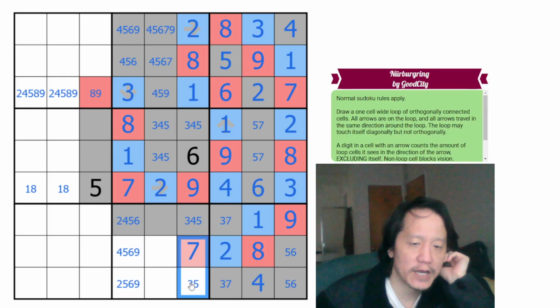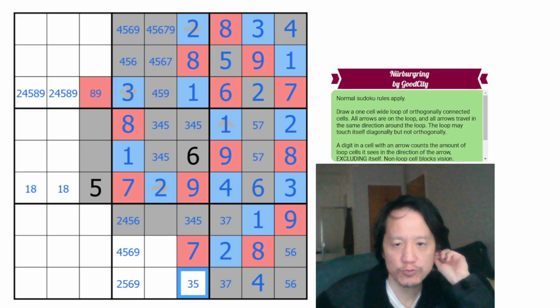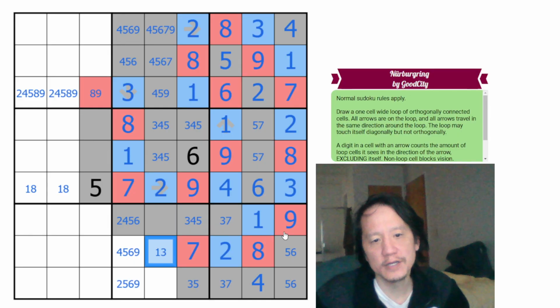This cannot go down because 7 would not be next to a 3 or 5 on the German whisper loop. So it has to go this way, which means this is a low. This is either 1 or 3. It can't be 3. This has to be 1 because it has to be next to a 7.